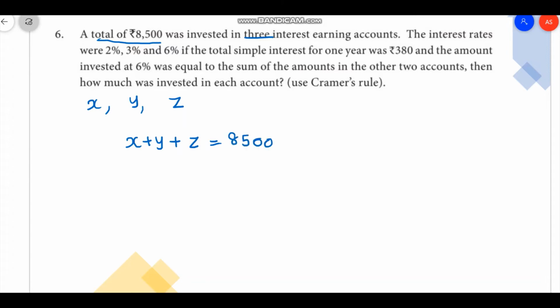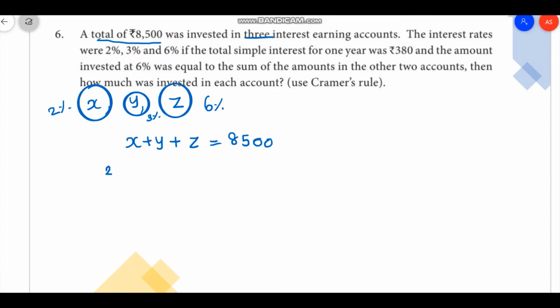Now the interest rates were 2%. So for the X investment it is 2%, for the next investment it is 3%, and for the last investment it is 6%. The total simple interest for 1 year is 380, so let me calculate the simple interest for 1 year using the PNR by 100 formula.